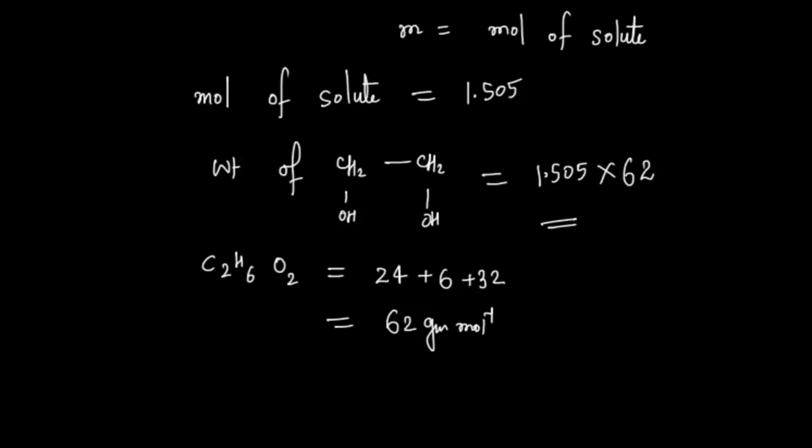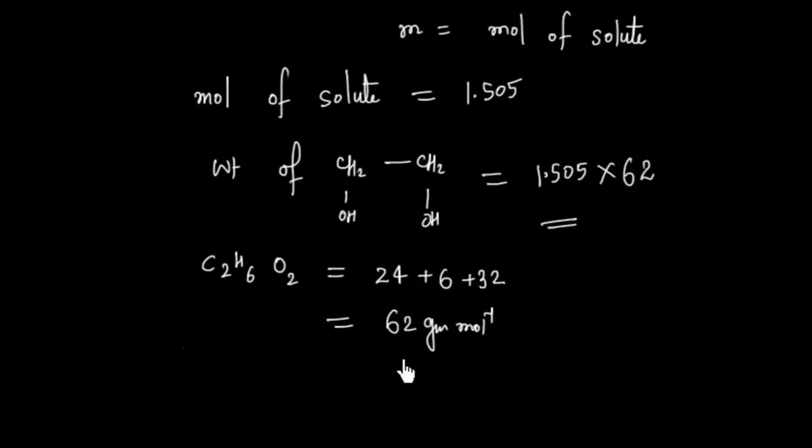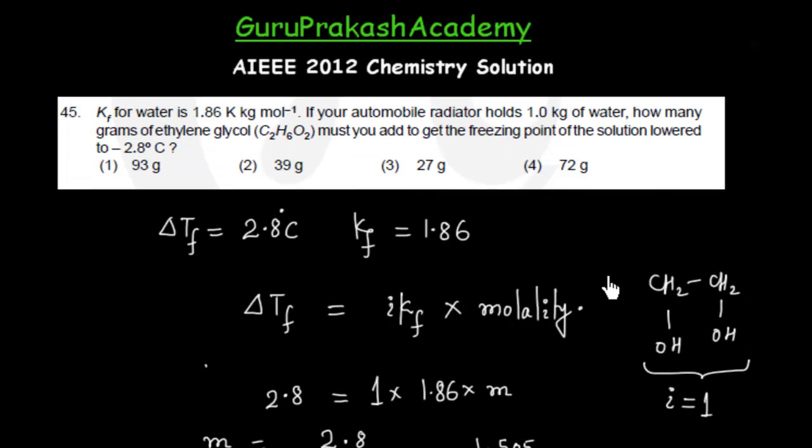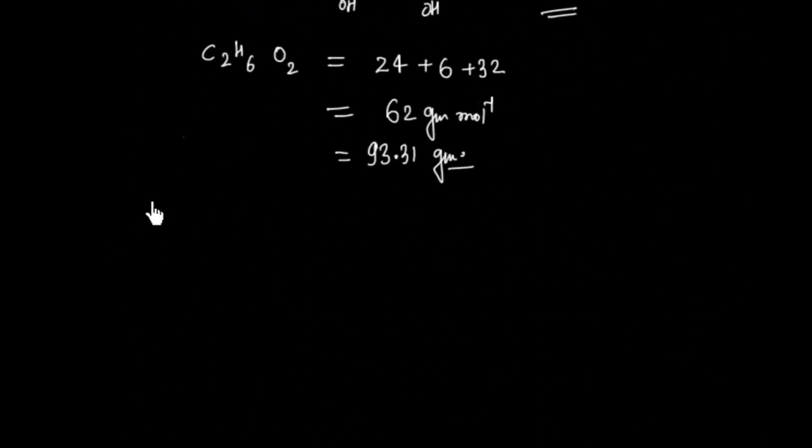Let us use the calculator: 1.505 into 62 comes out to be 93.31 gram. So in this case we have to add 93.31 gram of ethylene glycol. That is the answer. If you see, option 1 is the correct option.